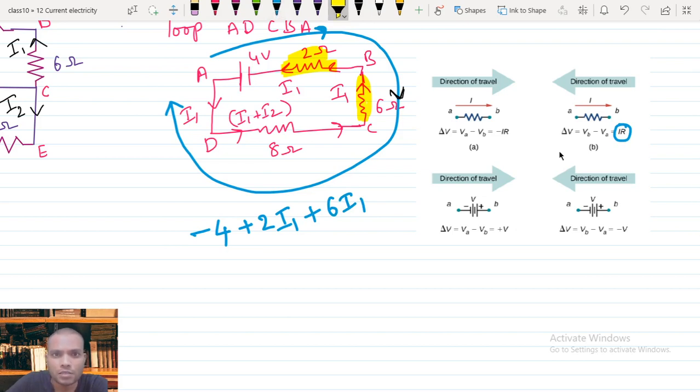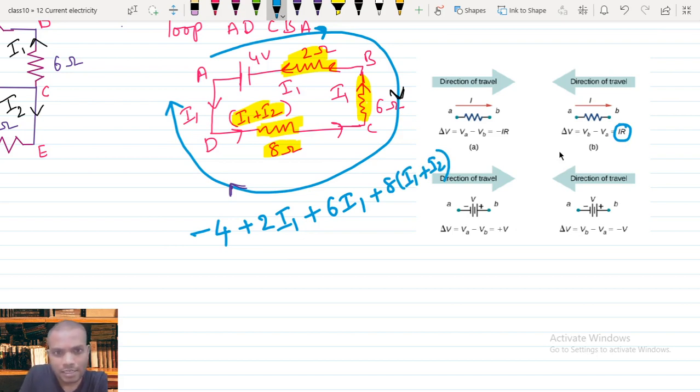And when it comes to the 8 ohm resistance, my direction of traveling and current direction are again opposite here. If they are opposite, again we need to consider that as positive. So here I get 8 of I1 plus I2.